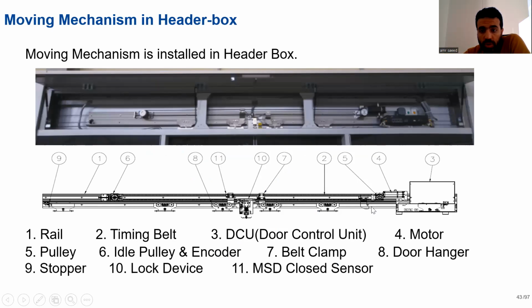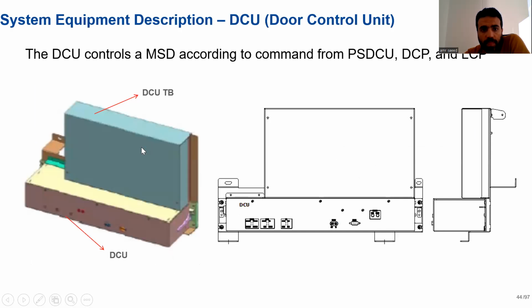DCU, door control unit, this one sends a signal to the motor, which when it operates moves the timing belt, and we have here also door hanger and the locking device and the stopper.